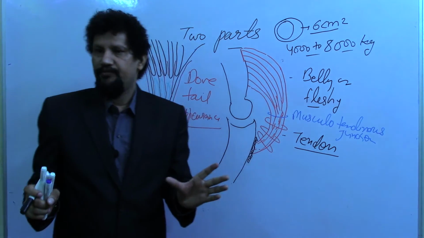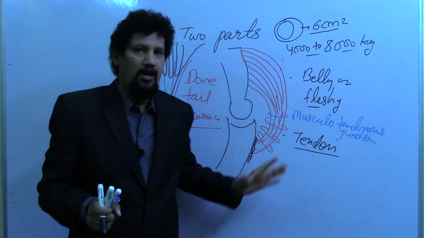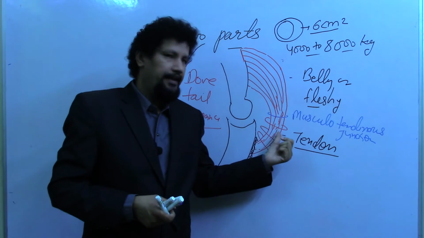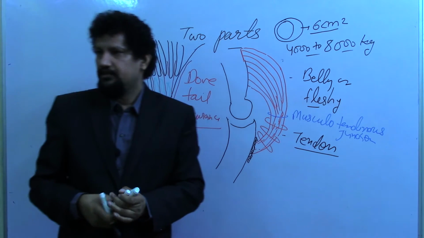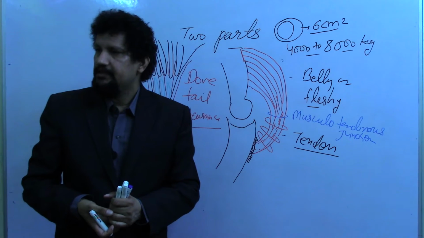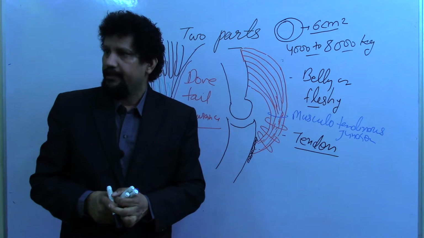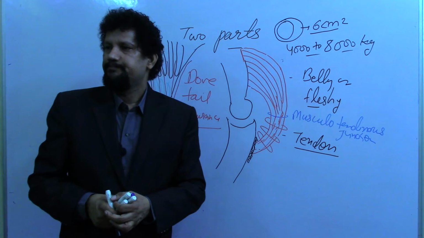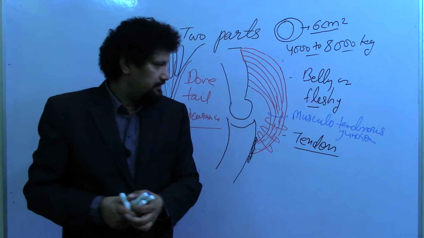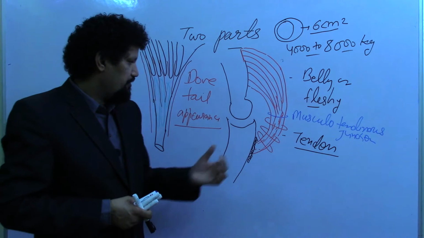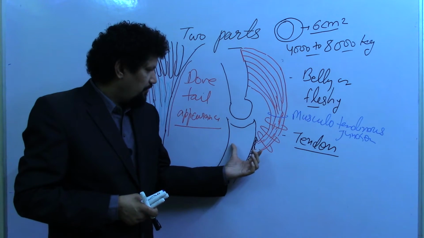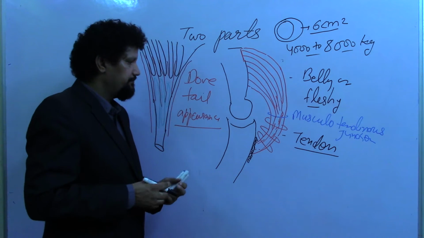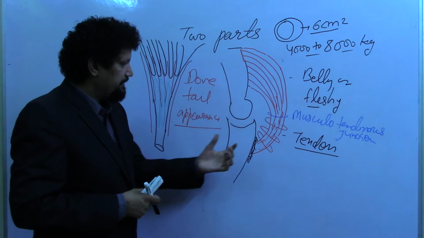In case of severed tendon or the injured tendon, healing is very slow, or in many cases there is no healing in the severed tendon. In that case, surgical interventions are carried to reconstruct the tendon. So tendon is poorly supplied by the blood.